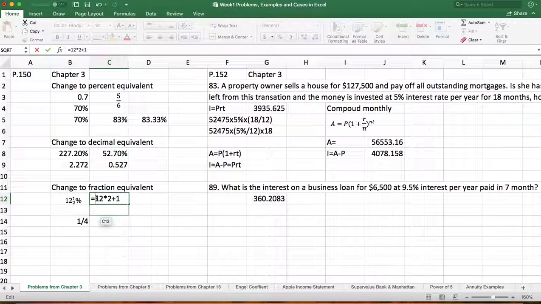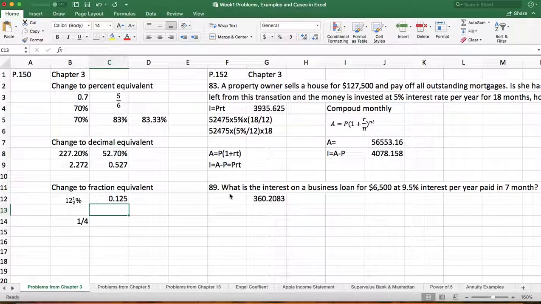This is the numerator. Put a parenthesis around it. Over 2 percent. Percent means over 100. You got this one.